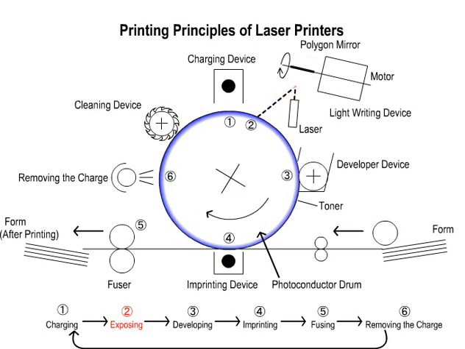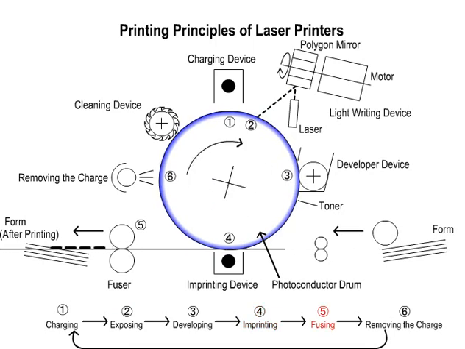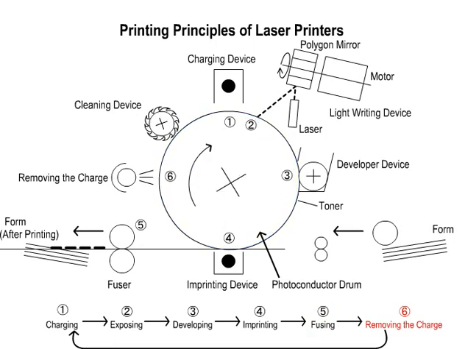Next, in the developing section, toner is stuck on, and in the imprinting section the toner is imprinted on the paper. After which heat and pressure are used to fix it in the fusing section. Next, after the charge has been removed from the photoconductor, it is cleaned and the operation is repeated.